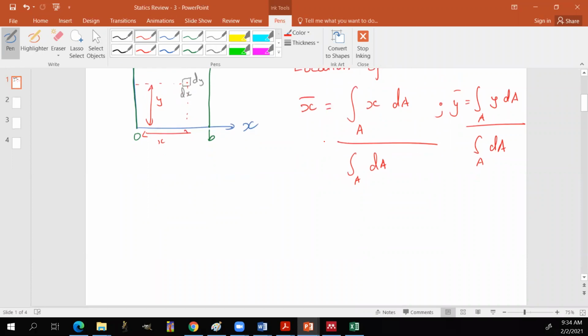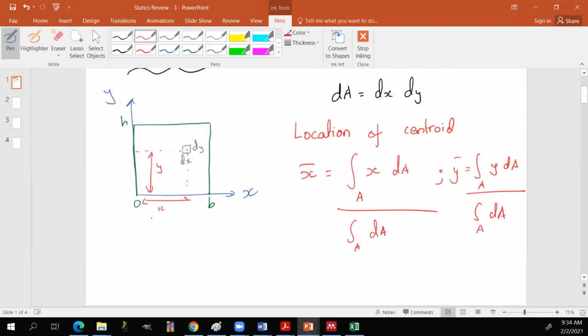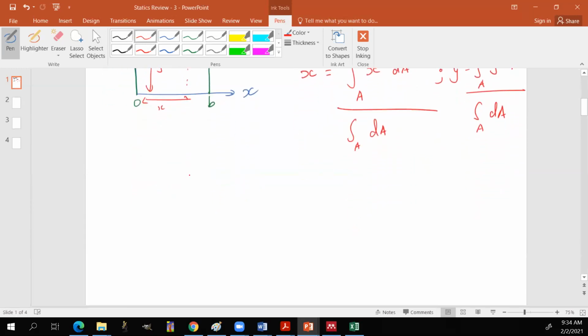So for this specific example that we set off with, this rectangular plate which has dimensions b and h, let's find out what the denominators are first. The denominators are the total area, which is the same for both of these.